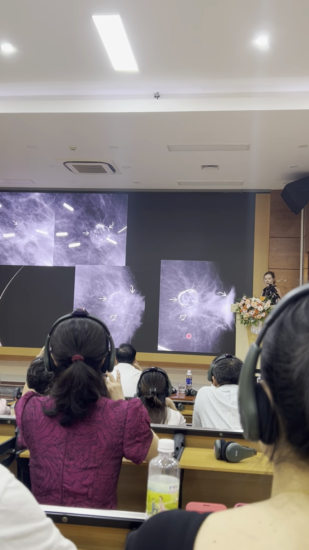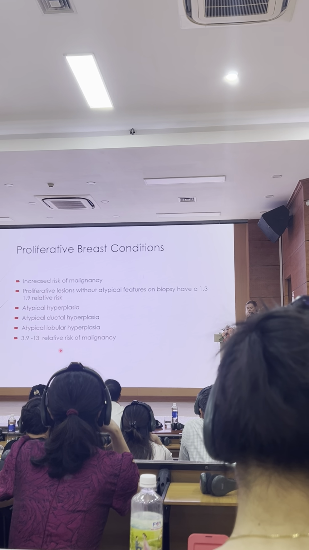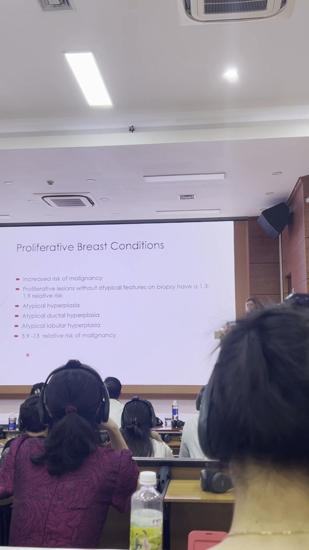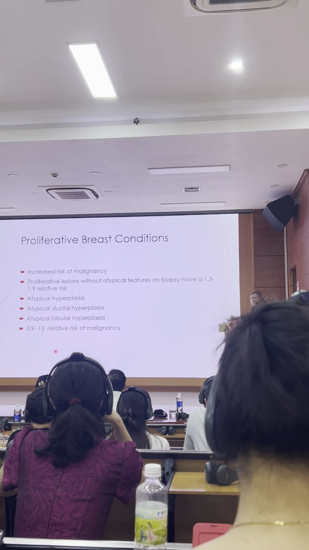And then depending on any atypical findings, these all have an increased relative risk of malignancy, going from atypical hyperplasia through atypical ductal hyperplasia, atypical lobular hyperplasia, from 4 to 13 times relative risk of malignancy.